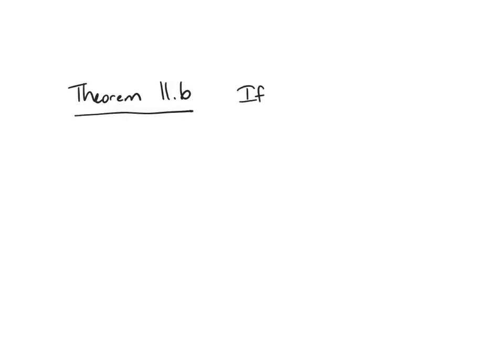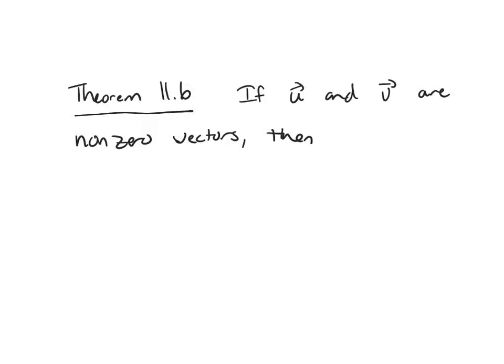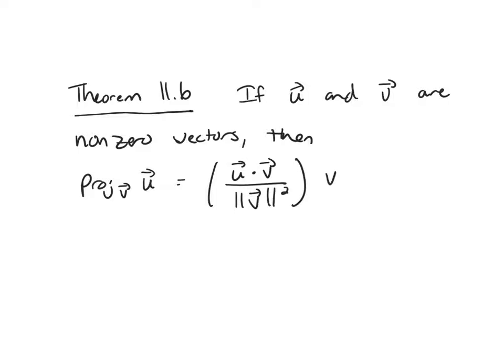It says if you have vectors u and v that are non-zero vectors, then the projection of u onto v is the dot product of u and v divided by the magnitude of v squared times the vector v.